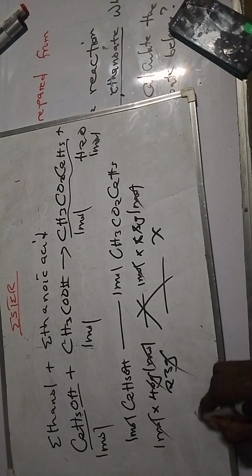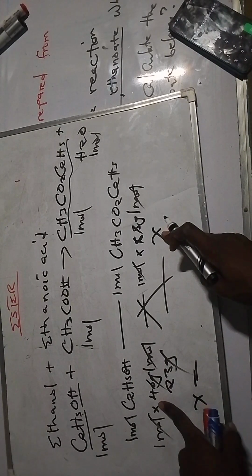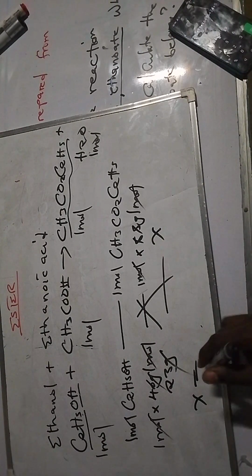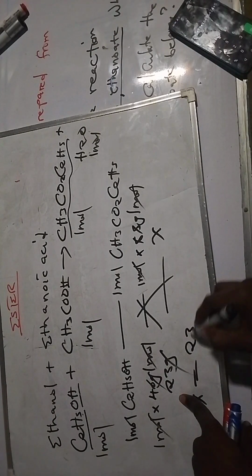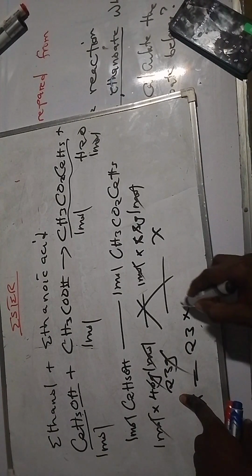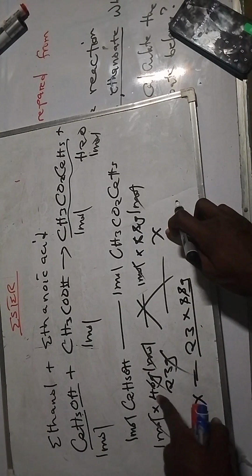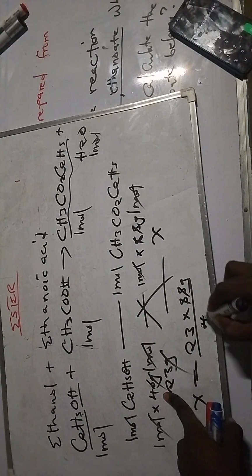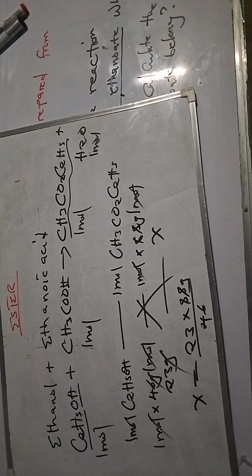So we'll say now X is equal to, so this times this one. Now we know that 1 times 46 is 46. Then we also know that 23 times 88 grams, over 46. So what are we going to get?